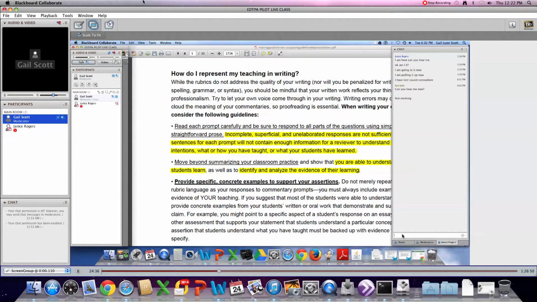If you're like me, I've got a mute button on my mic, and if I lean up against my desk, I accidentally hit my mic. Okay?